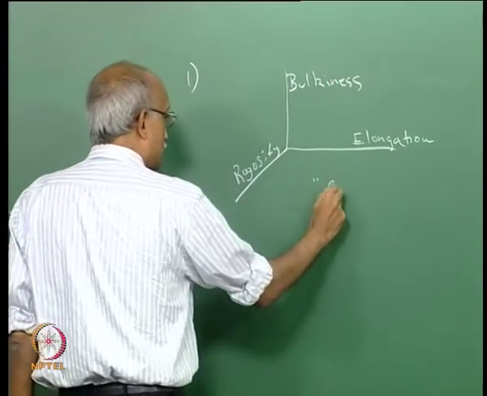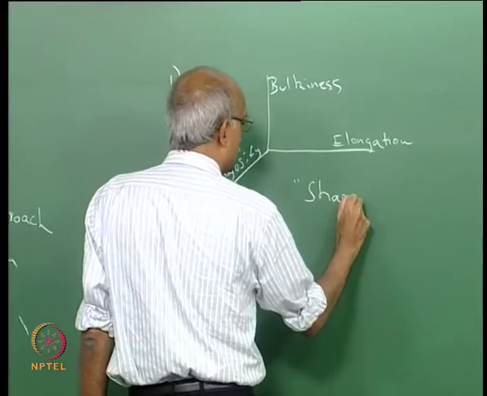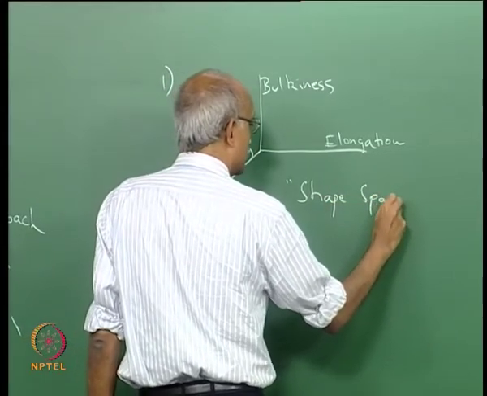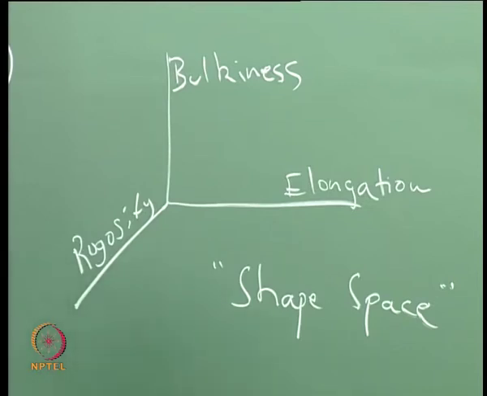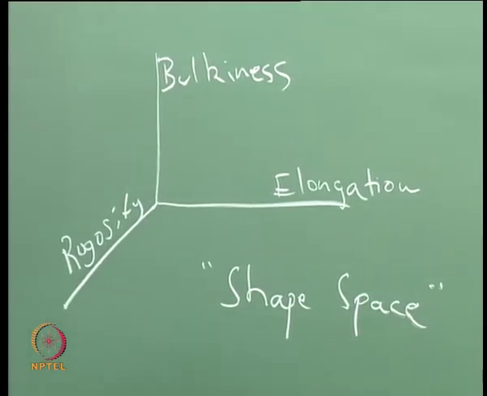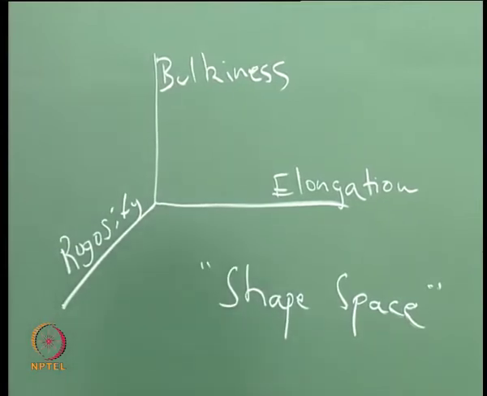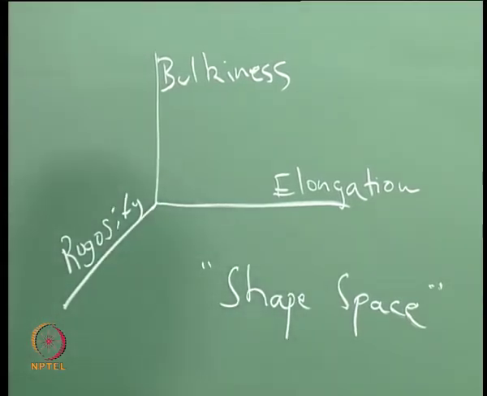Now something like this is called a shape space. It's just like physical space, except that the x, y and z coordinates have been replaced by certain shape parameters.